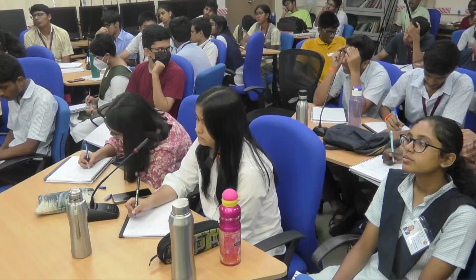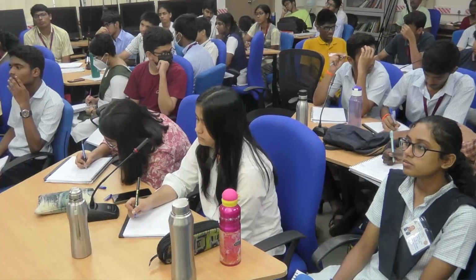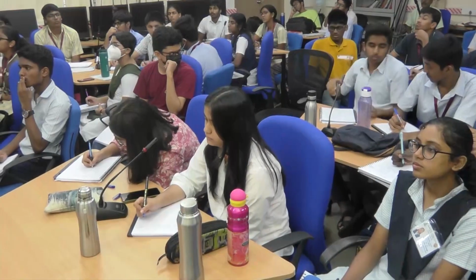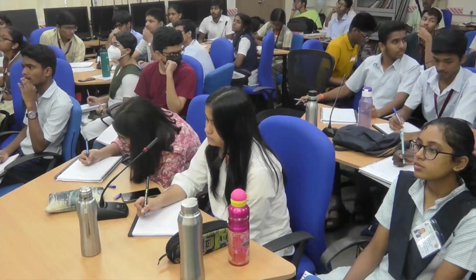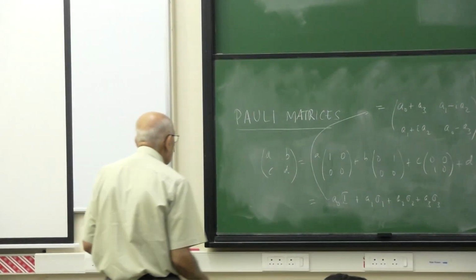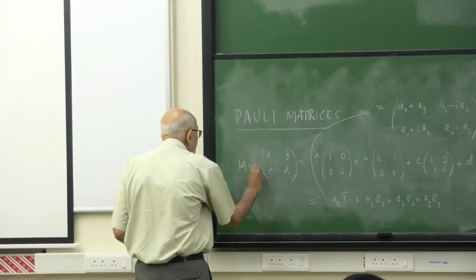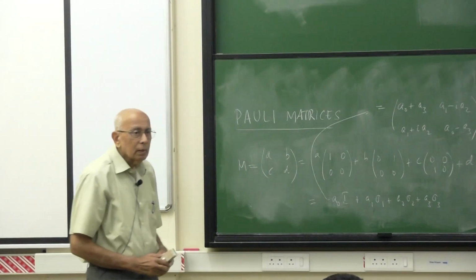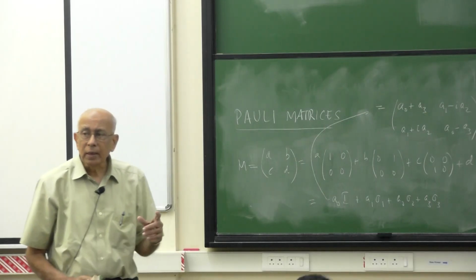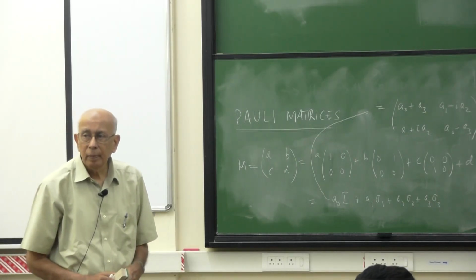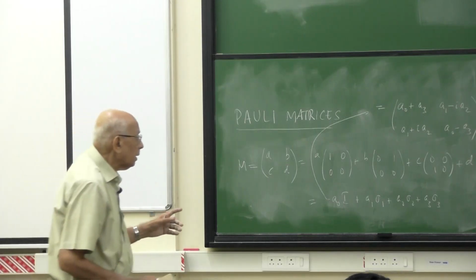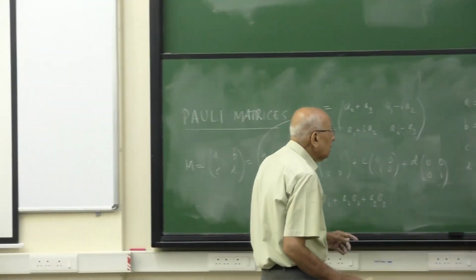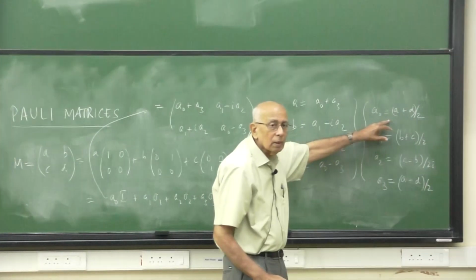Now we got to ask, what's the advantage of doing this? What's the big deal here? First thing you observe is that if the matrix, let me call the matrix M, what is the trace of M? A plus D is the trace of M. And A plus D appears here in A0.